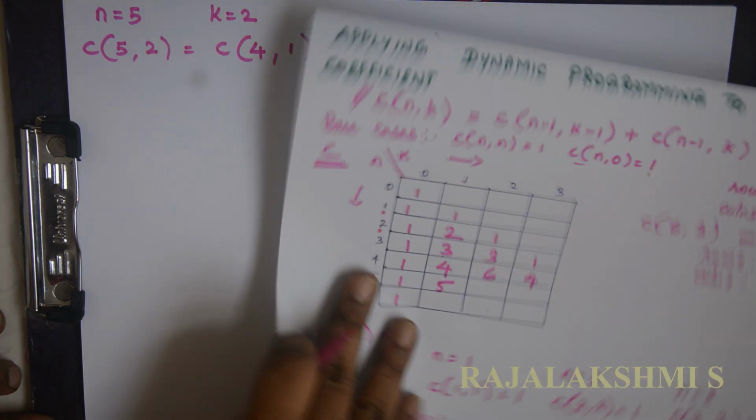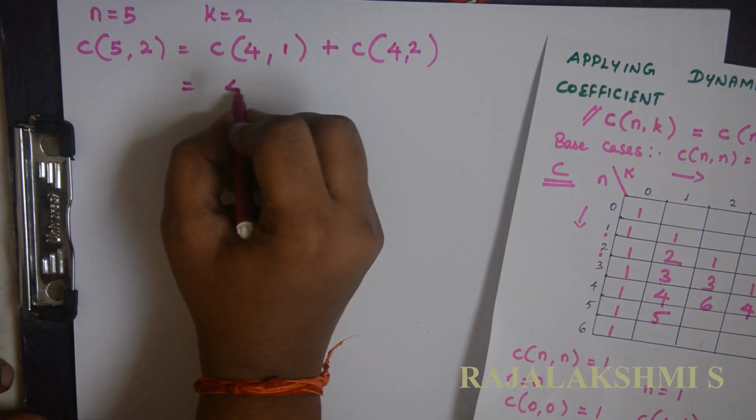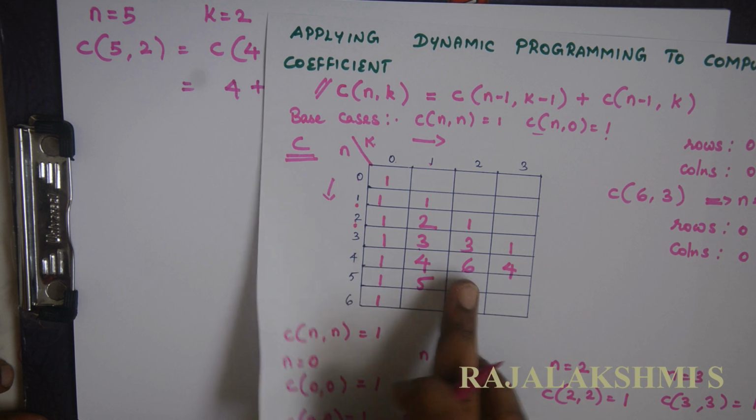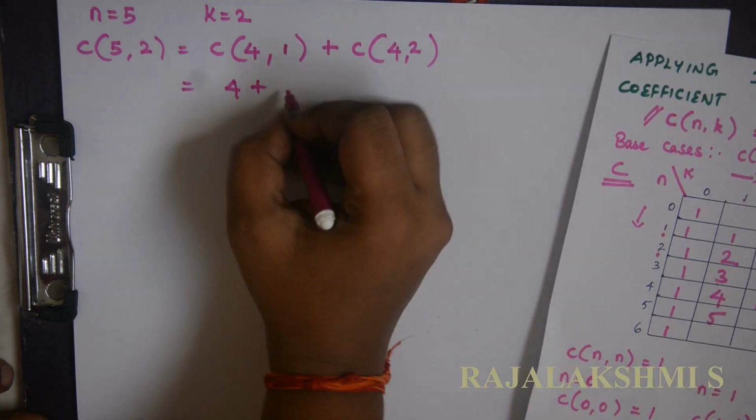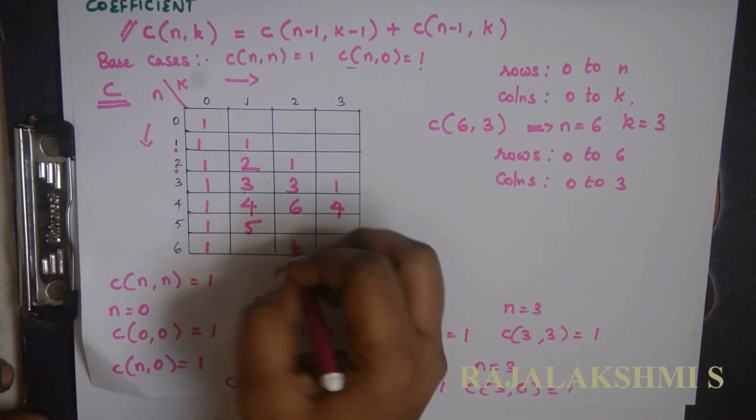So C of 4 comma 1, which is 4, plus C of 4 comma 2, which is 6. So it will be equivalent to 10. Okay, so C of 5 comma 2 is 10.